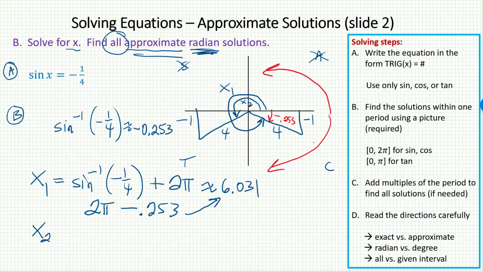So what about my third quadrant angle, the one I'm calling x2, the smaller one? Well, it's all about the symmetry of the picture. It's all about the triangles. Where else can I see this 0.253 radians? Obviously, it's this little angle as well, 0.253. So x2 would be rotate around pi and then go an additional 0.253. 180 degrees and then a little bit more gets me what I want.